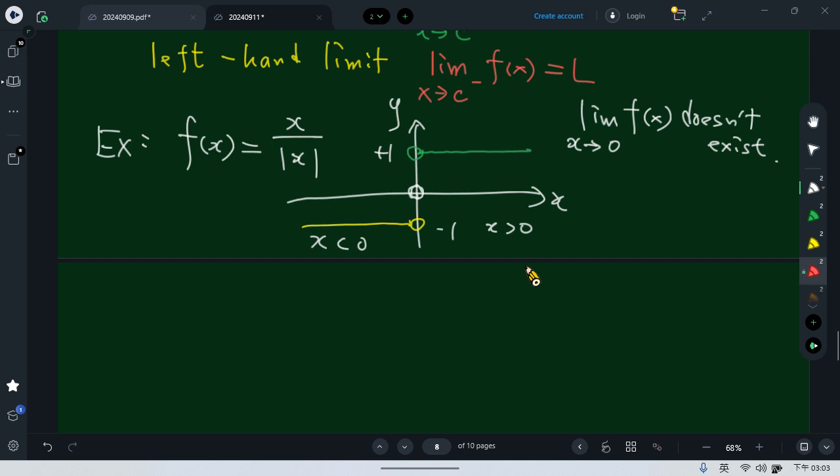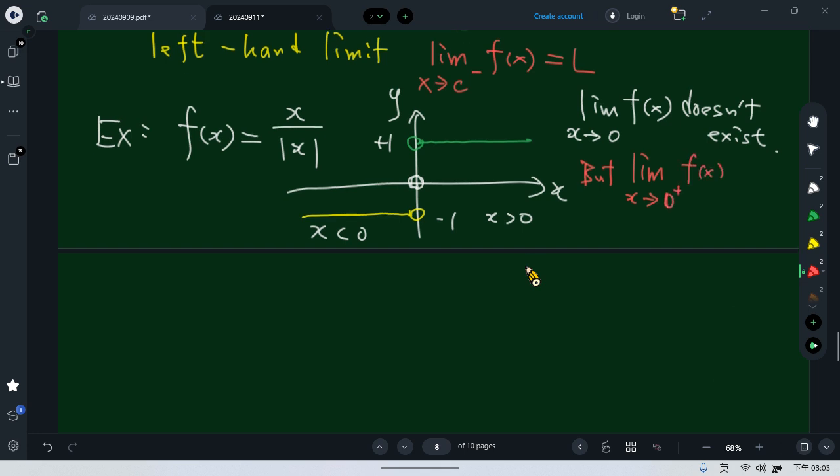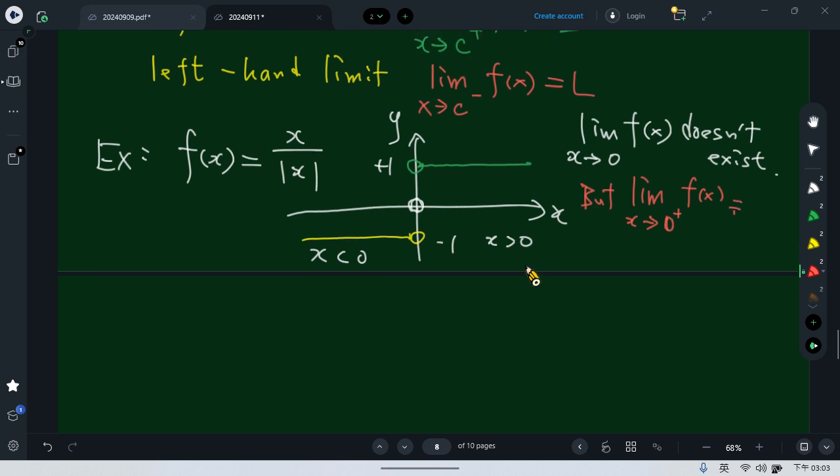But actually, we still have the limit as x is approaching 0 plus. What is the result? 1, right? It should be 1.